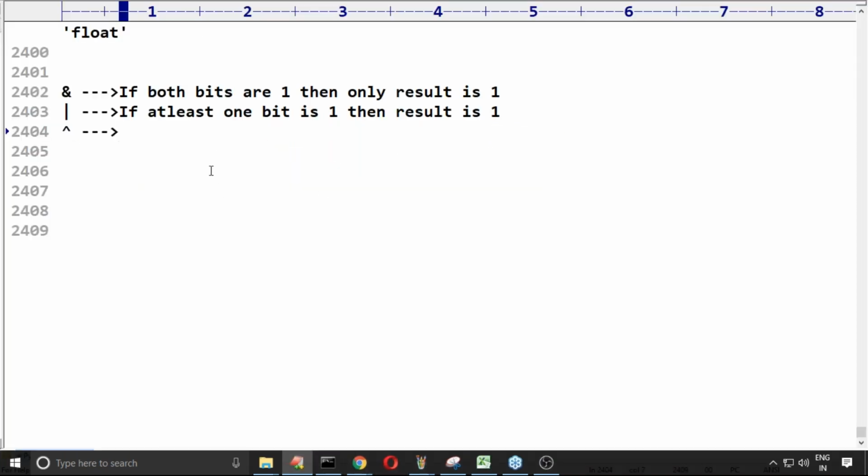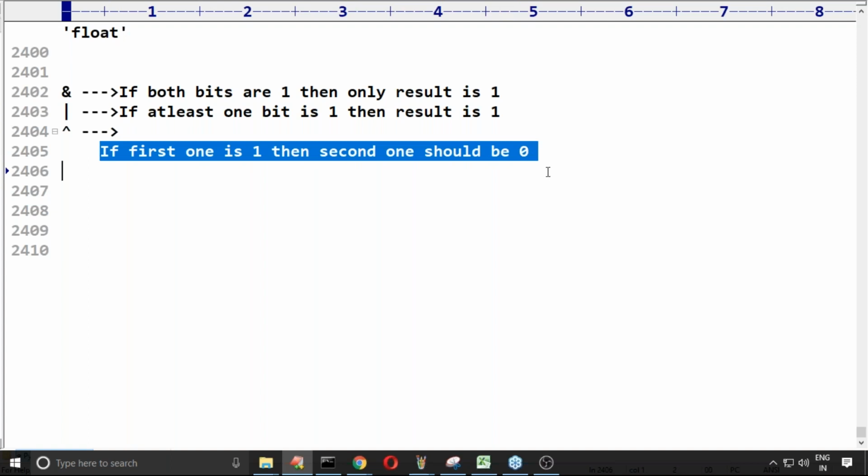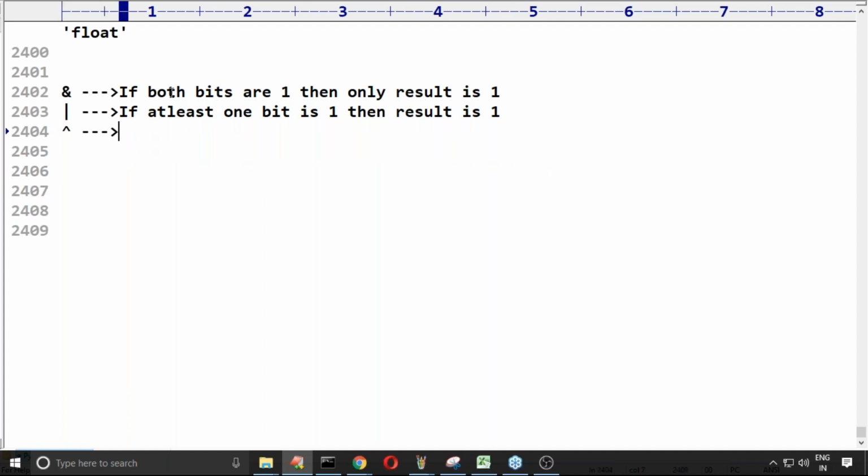So now convert it. If the first one is 1, compulsorily the second one should be 0. So it means that if both the bits are different, that is a valid combination.